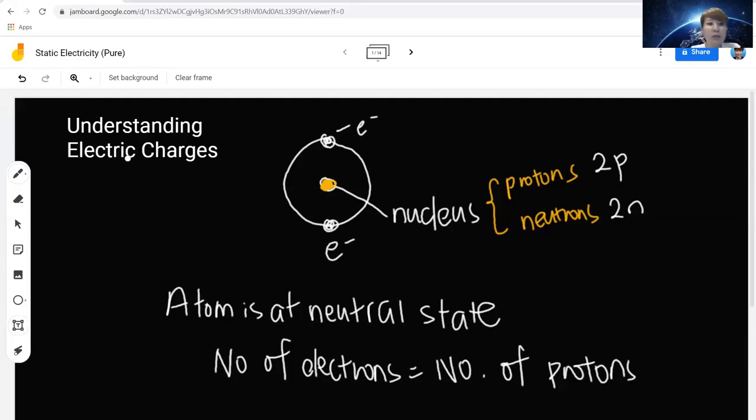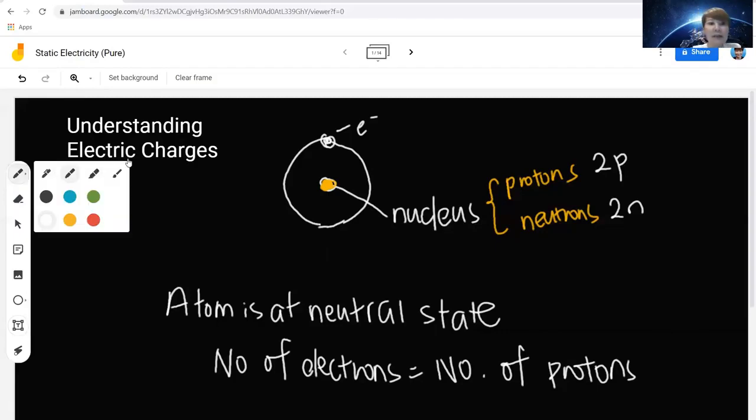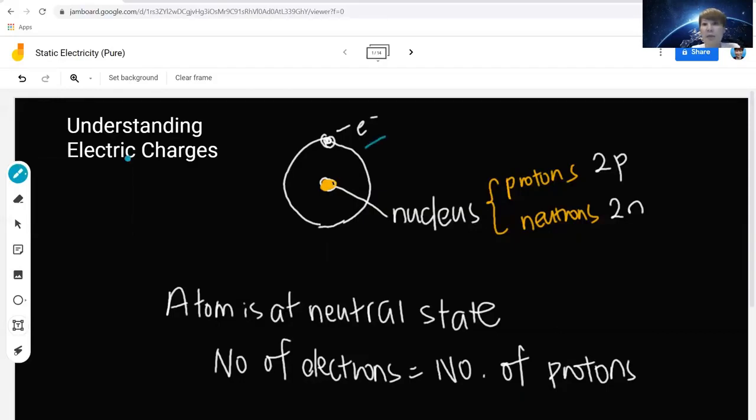Now let's say, for example, instead of 2 electrons, an electron is removed. Why is it being removed, or how is it being removed? We'll talk about it later. Right now you can see that the number of electrons and the number of protons are no longer the same. The number of protons is actually more than the number of electrons, so we say that it is no longer neutral.